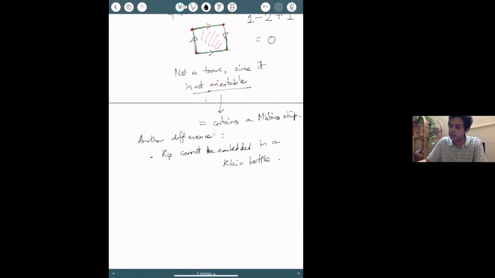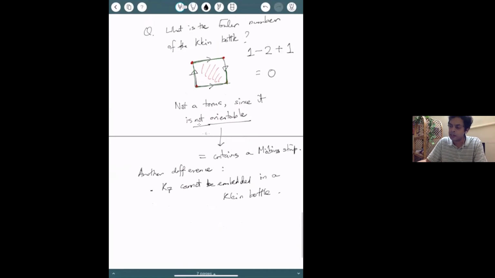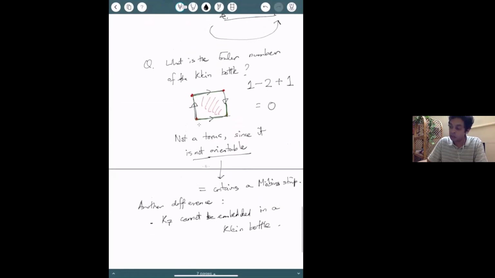So how did you get two edges? Two edges, because the green edges with the same arrow are actually glued up when you make the surface, right? So then they become one edge. So I have these two pairs, and after gluing up, each pair becomes a single edge on the surface.